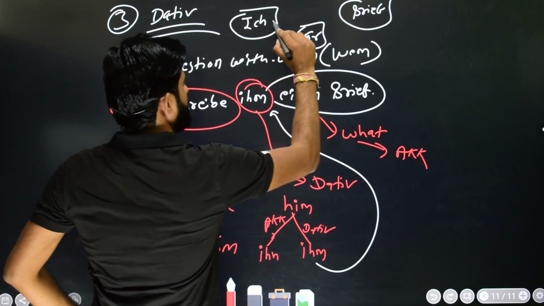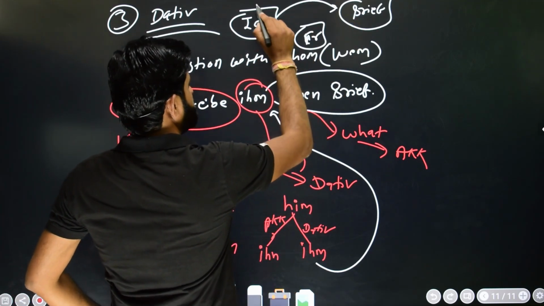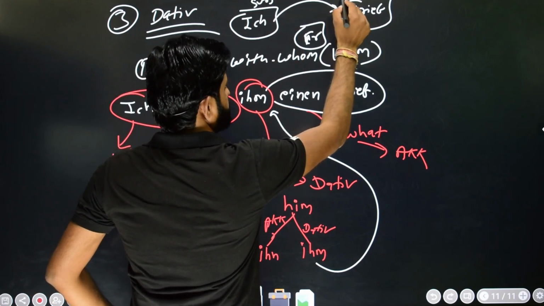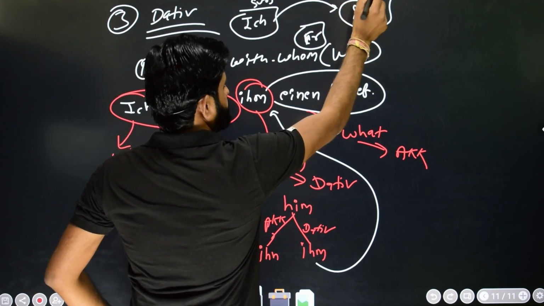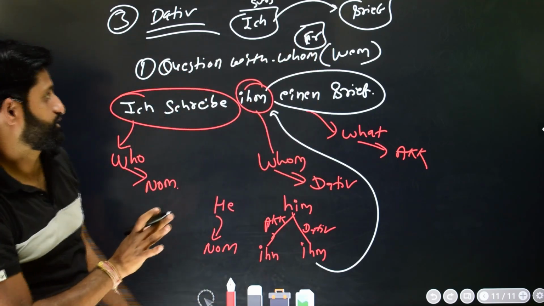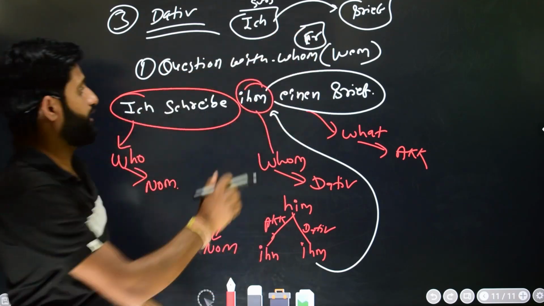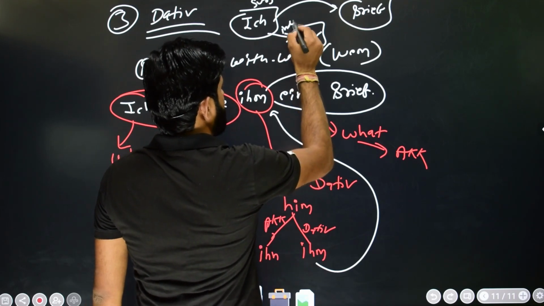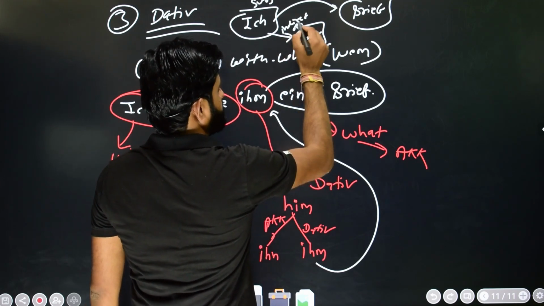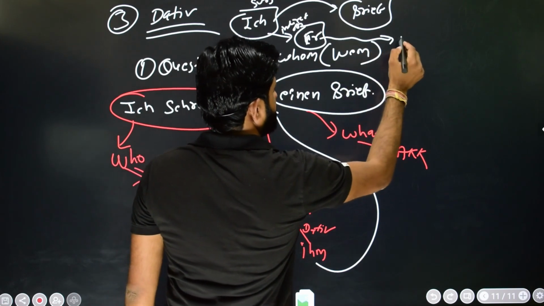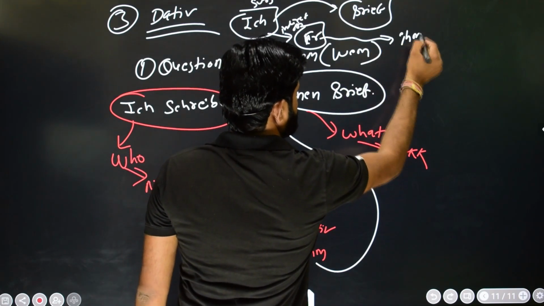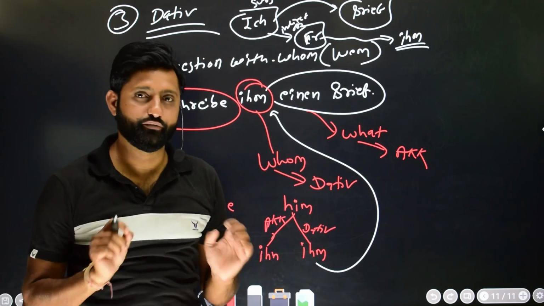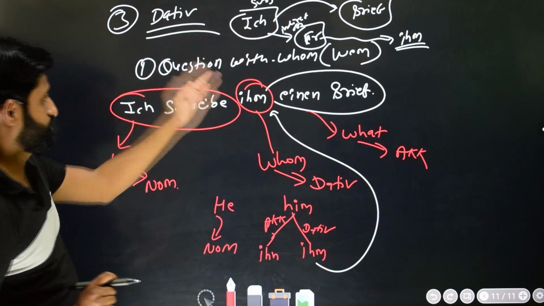What I am doing, I am writing a letter. That is the reason this will be the subject and this will be an object. So Brief is here an object. But who is er? Er is an indirect object. That is the reason this will go in dative and it will be changed into ihm. Ich schreibe ihm einen Brief. So two ways. Question with whom? Dative. Indirect object, dative.